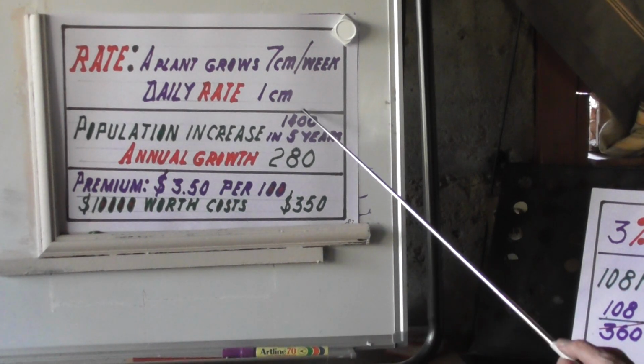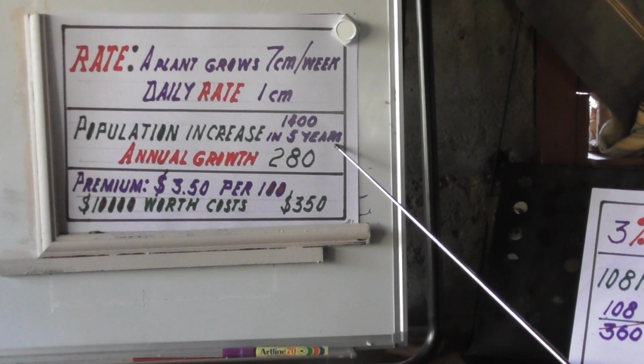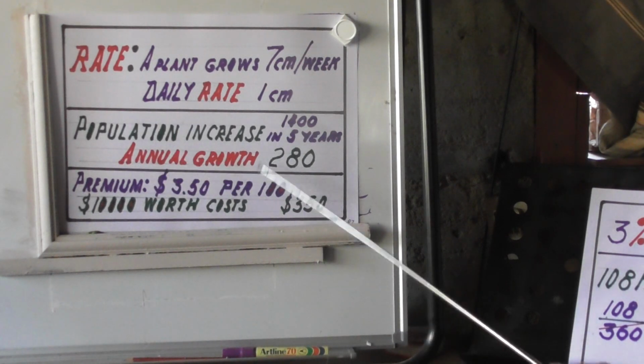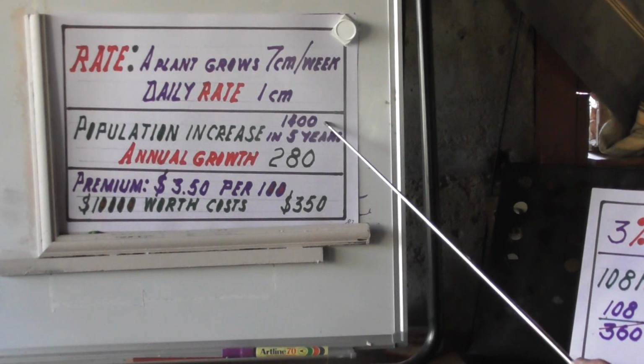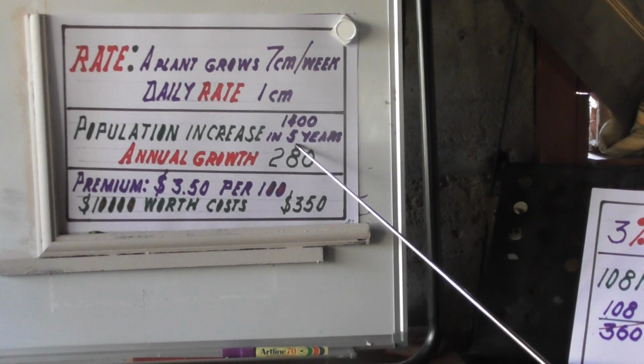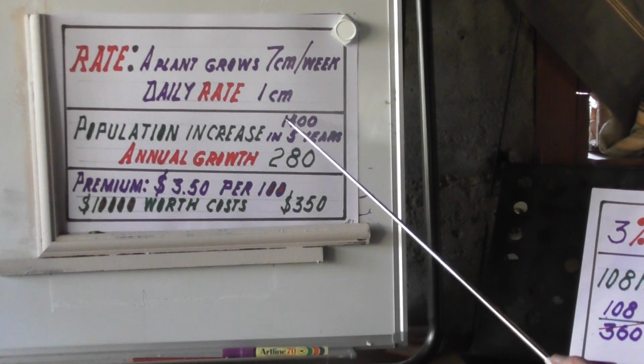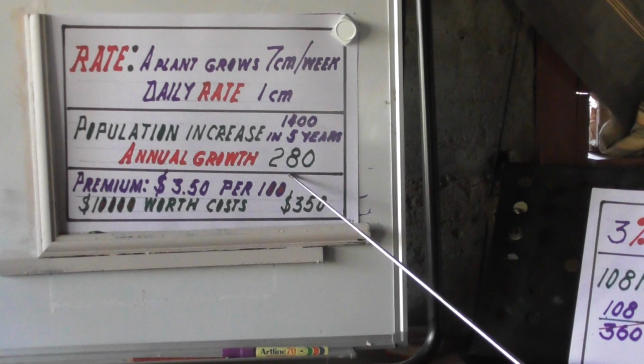Population increases so much in 5 years. But annual growth, that means we want to know how many in 1 year. 1400 divided by 5. How many 5s in 14? 2. That's 10. How many 5s in 40? 80, and then the naught.